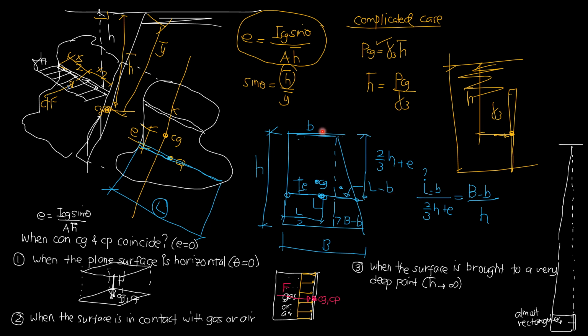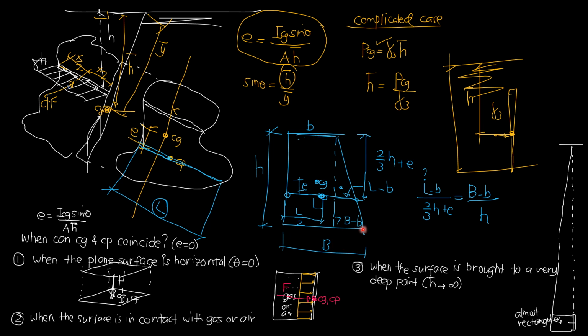If the plane surface is trapezoidal, then by similar triangles, L minus b, as to this height here, which is 2/3 of h plus e, equals capital B minus small b as to h. Of course, this part of the triangle is big B minus small b.